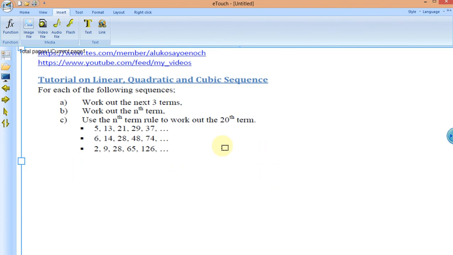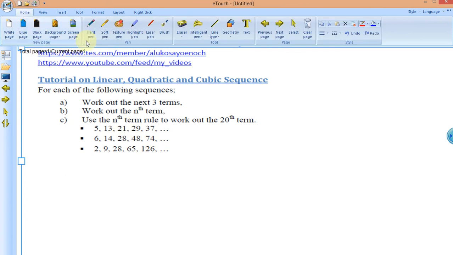Okay, so through with the first question, let's just go ahead with the second question now. You already know the rules. So to label this one first, let me just put down the sequence.